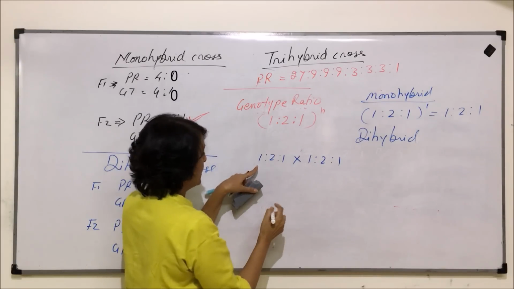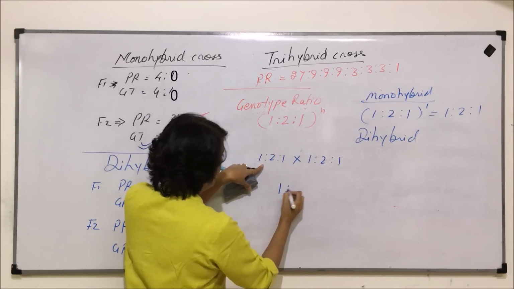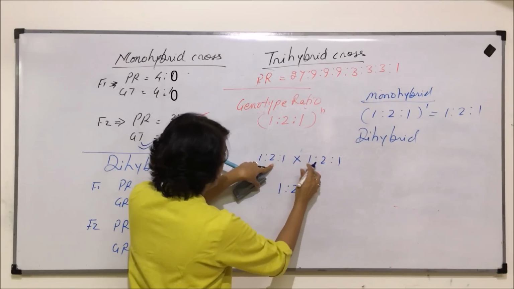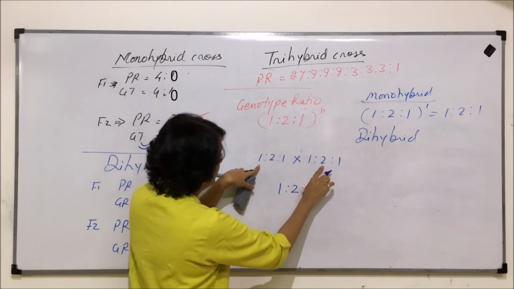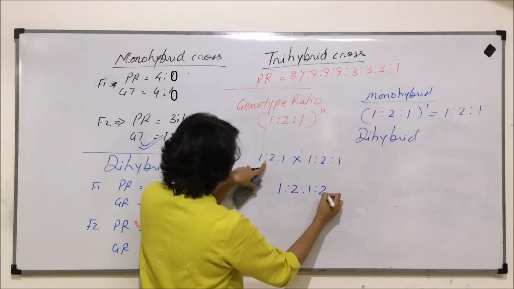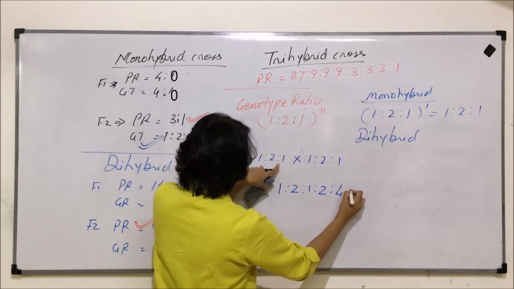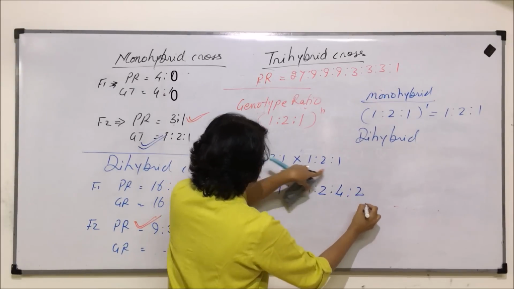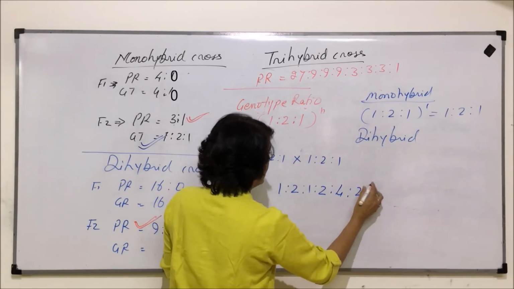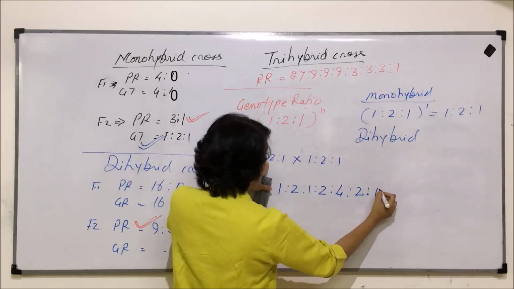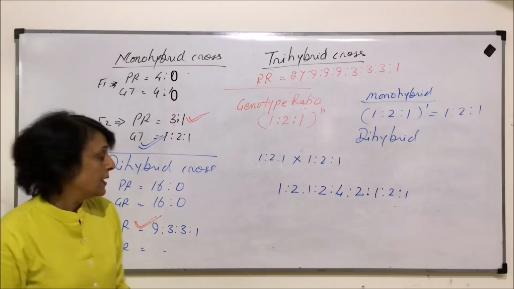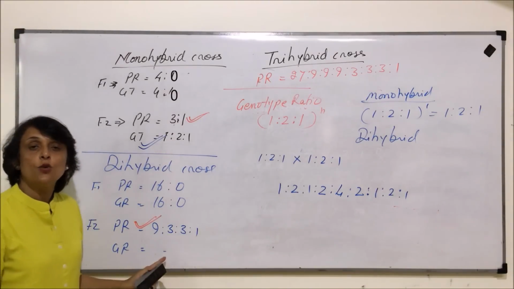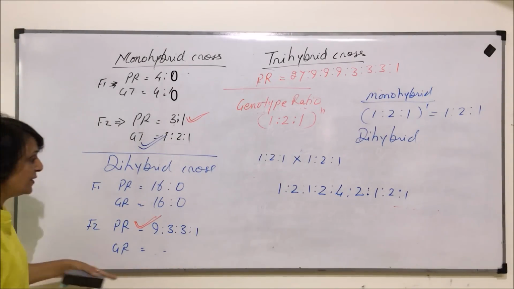So let us write down 1 into 1, 1. 1 into 2, 2. 1 into 1, 1. Now doing the same thing with 2. 2 into 1, 2. 2 into 2, 4. 2 into 1, 2. With 1 again, it's going to be 1 is to 2 is to 1. This is the genotype ratio in a dihybrid cross.